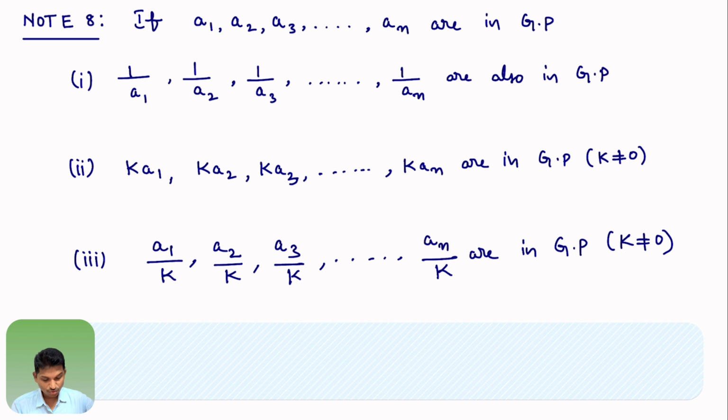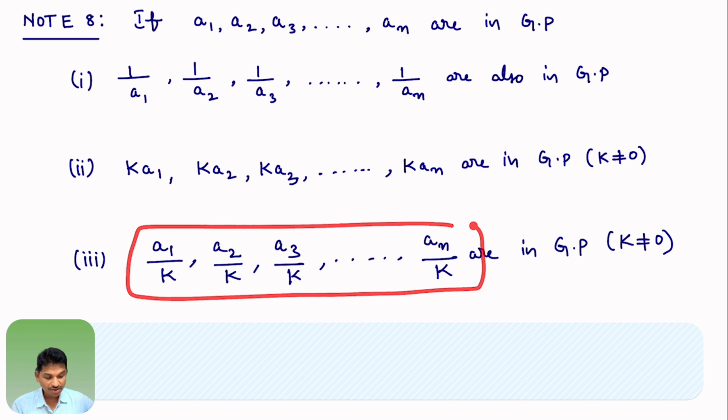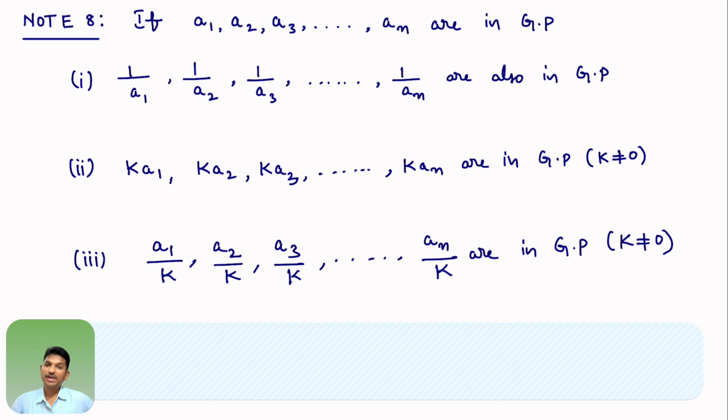Here, these 2 points are almost same. So, if A1, A2, A3 and so on, An are in geometric progression, A1 divided by K, A2 divided by K, A3 divided by K, and so on, An divided by K are also in geometric progression for a non-zero K.